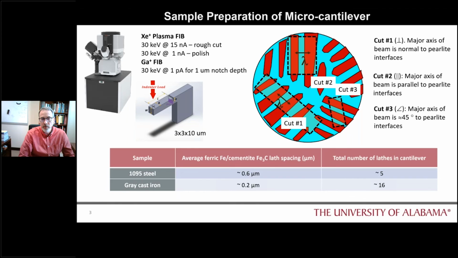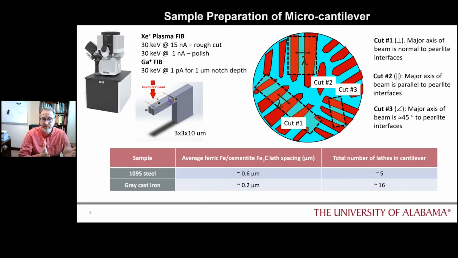Here, again, the laths are perpendicular to the major axis of our beam. We've loaded it. We see our notch, and what we again observe is primarily notch widening in the sample. And here's its load and displacement response. Again, we're not seeing a brittle response.